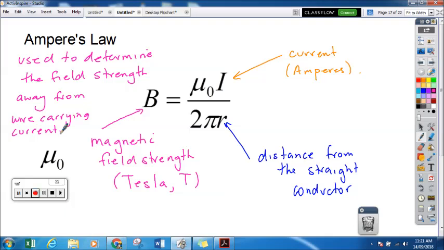You'll notice that there are two other symbols in this law. Obviously we recognize pi here, and that is the normal pi, so that's the other constant, but this one up here is new to us. It is the permeability of free space.